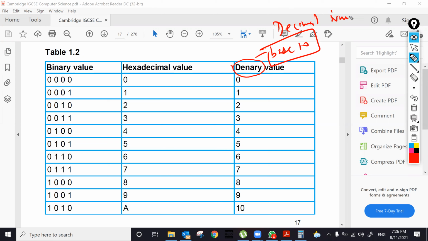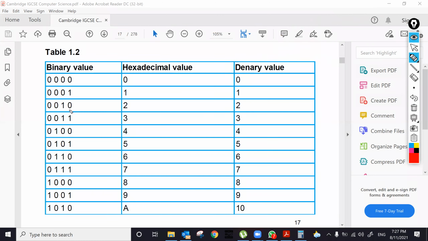Very simple to say decimal number system, but in your syllabus it says denary. In your syllabus they don't talk about decimal, they talk about denary. So denary refers to the decimal number system. That means 0 to 9. That's it.